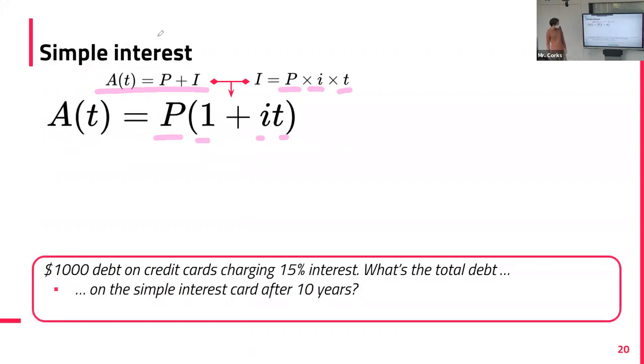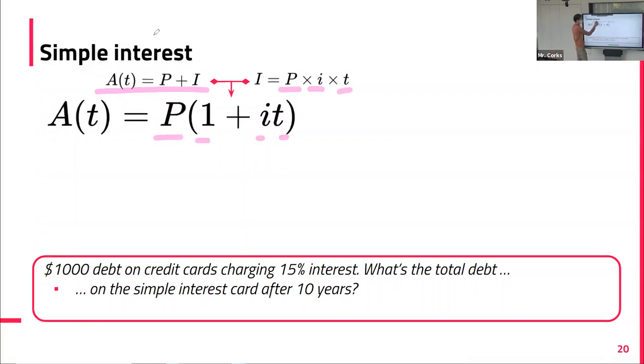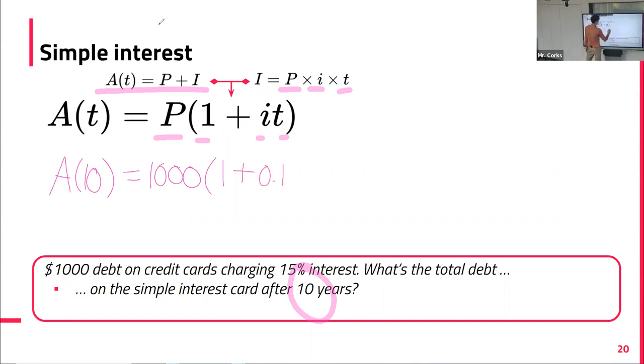So let's use that formula for the same credit card example, except after 10 years. What would be the value of the debt after 10 years? A10 will be equal to 1,000 times 1 plus 0.15 T, which we say is 10.